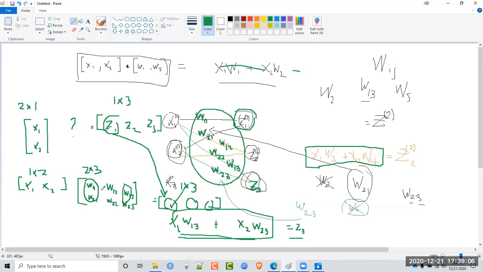So what was this one? What's the subscript? 1, 1. What's the subscript? 1, 2. What's the subscript? 1, 3. What's the subscript? 2, 1. What's the subscript? 2, 2. What's the subscript? 2, 3.